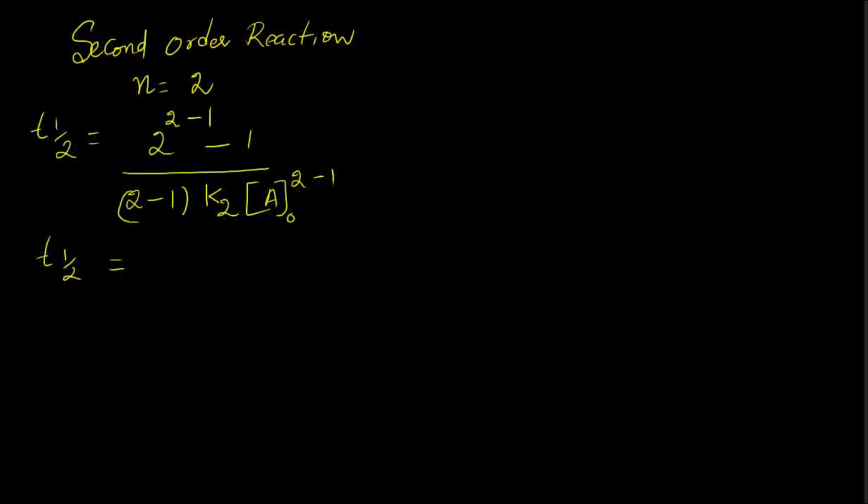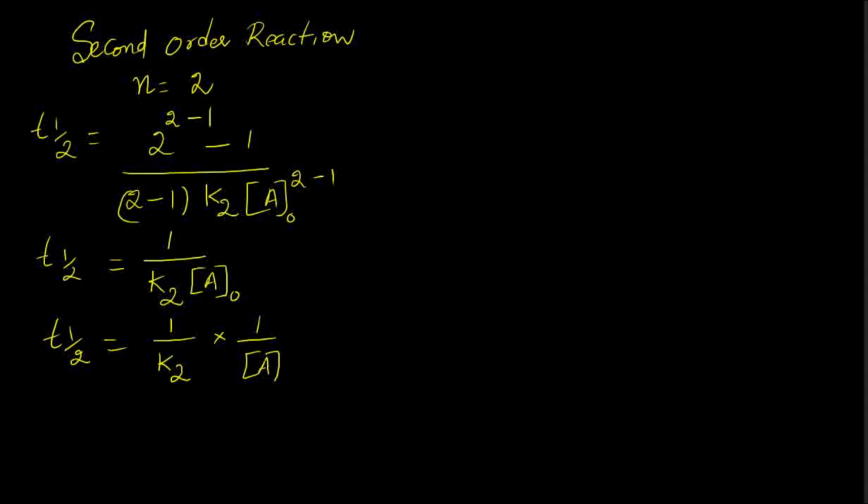So T half equals 1 by k2 a naught, where a naught is the initial concentration. So this equation is T half equals 1 by k2 into 1 by a naught.